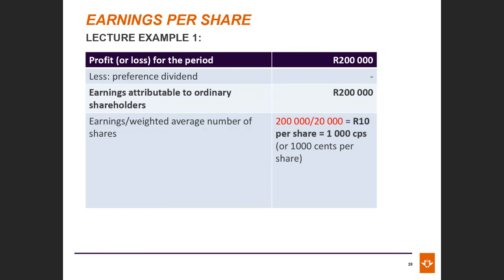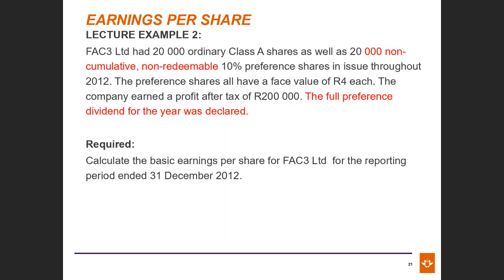That will give us a basic earnings per share of 10 Rand per share, or you could give it in cents, which would be 1,000 cents per share. Most of you, or all of you, got that correct.